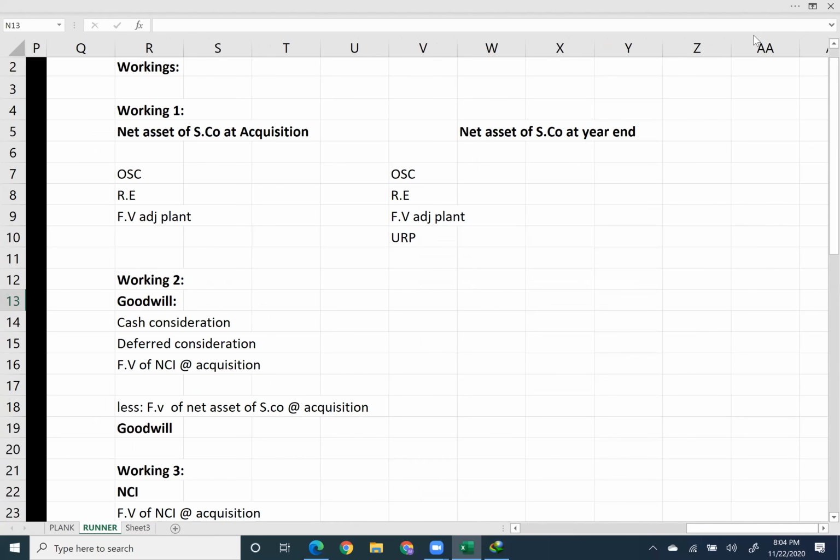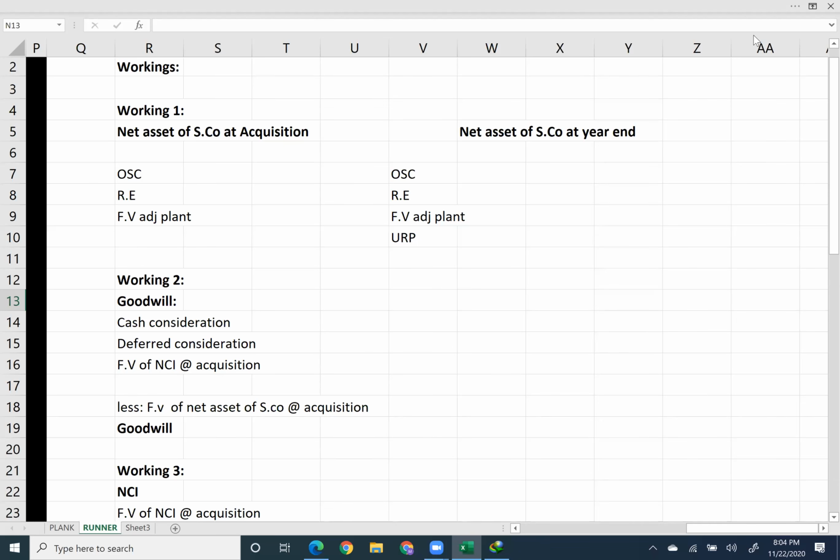Can you pick the share capital? Where is my question?